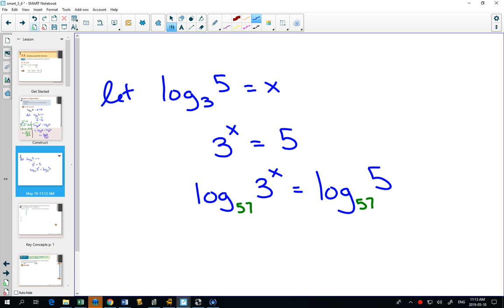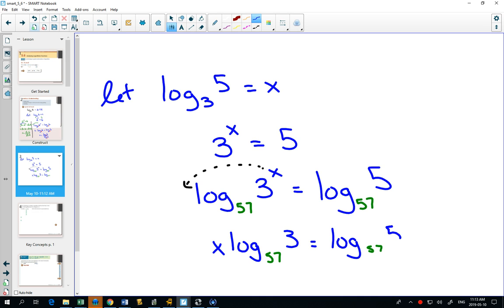Log base 57 on both sides. And I wrote that in green because you could have picked any number there. If I do that, I have a log law. This x could come out in front, and so I would get x log 57 of 3 equals log 57 of 5.